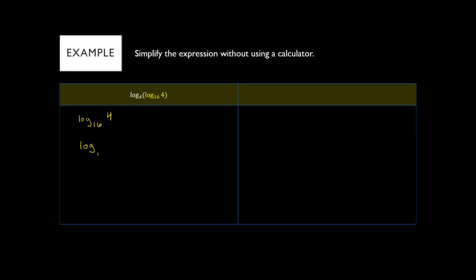So we have log base 4 squared of 4. We do not have a rule with logarithms where if you have an exponent in the base, it cancels out with the base of 4 or whatever.